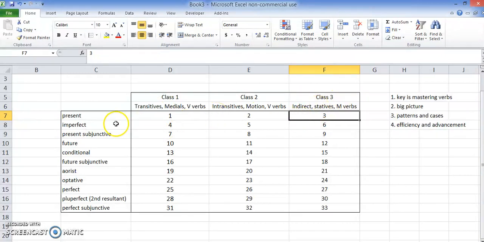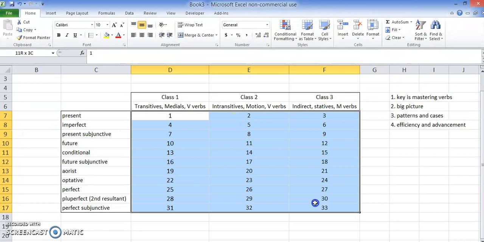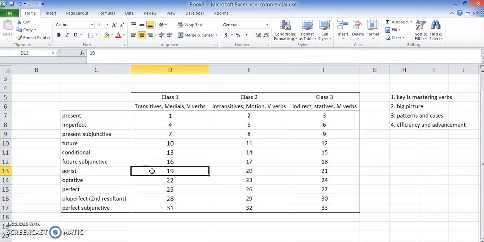So going down the line, present, imperfect, present subjunctive, you can tally it up and you get roughly 33 sets of patterns that you need to learn. Now, this is not exact because, for instance, in the aorist tense, or the past tense, just in class 1 verbs, this is a monster. This is probably one of the most complicated ones, learning the patterns for past tense here.